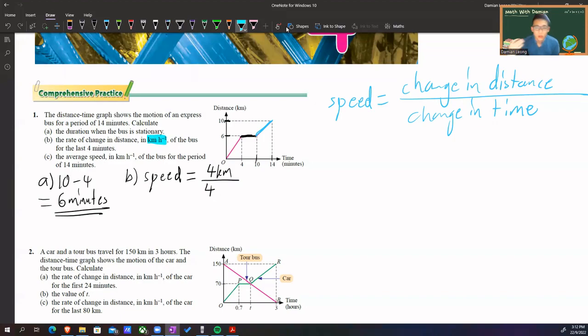So in this chapter, you need to pay attention to the units that they want. They want km per hour, so for the unit of time you have to use hours. So 4 minutes changed to hours, I have to divide by 60. Then it becomes hours. Then I will get 60 km per hour.